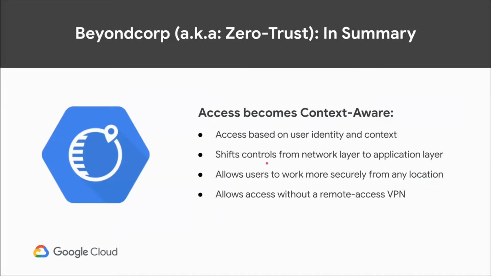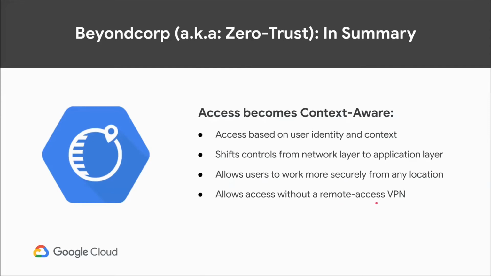And this allows you to work from any location without a remote access VPN. All the data gets filtered through the front-end proxy and rules engine, which means that, again, every single request gets checked against a context, and that totally removes the need for a VPN.